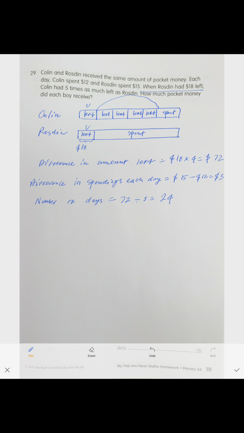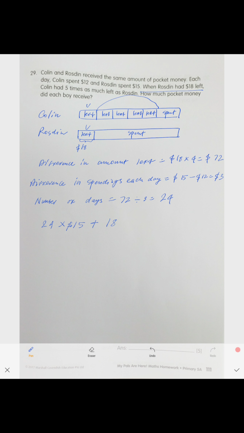So that's going to be 24, right? 24 days. Now we can take whatever. 24 days times, let's take Rosalind's $15, plus Rosalind has this $18 left.